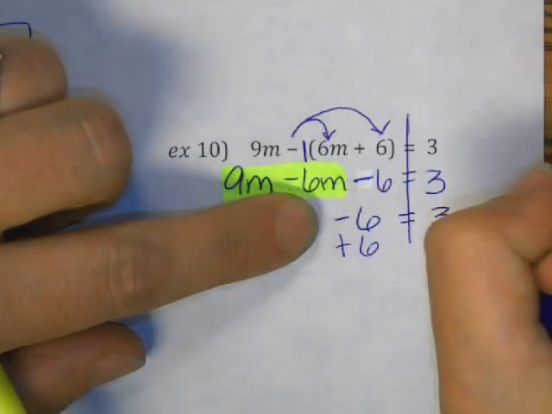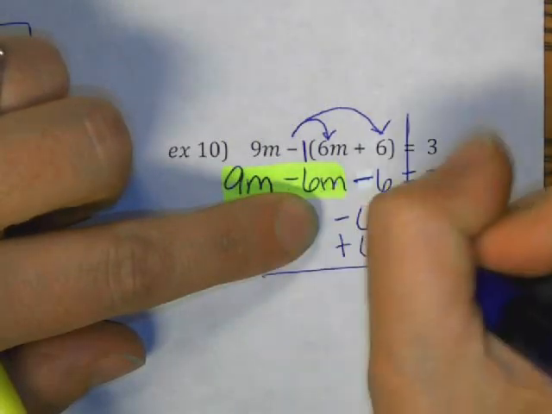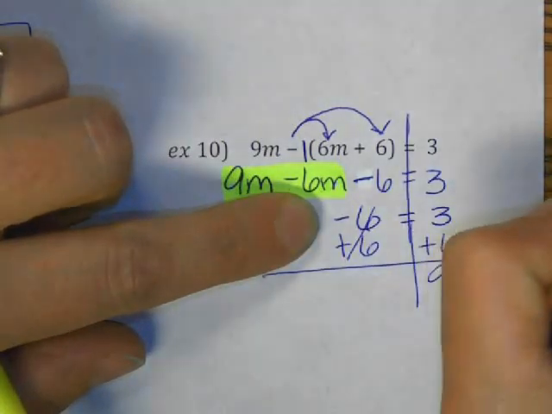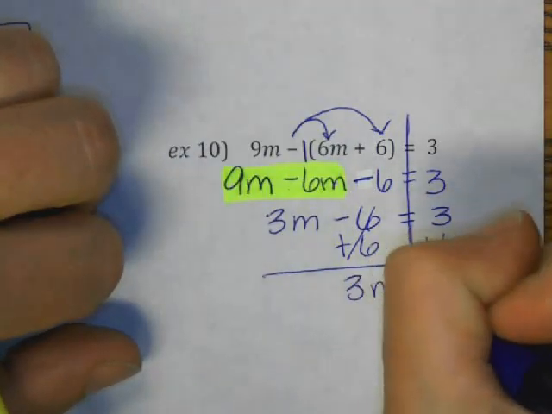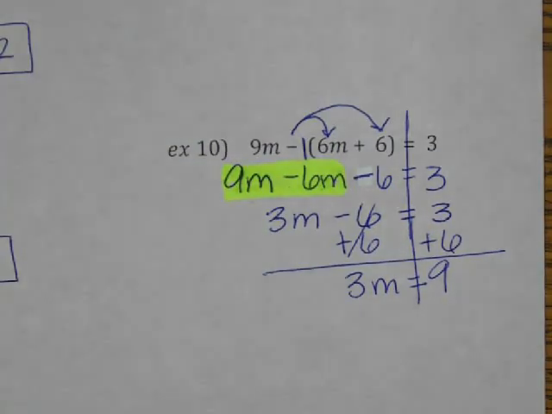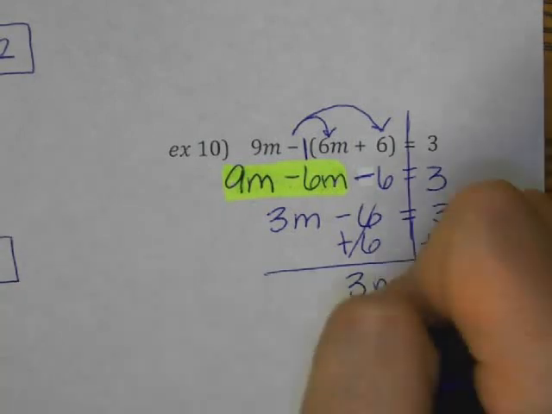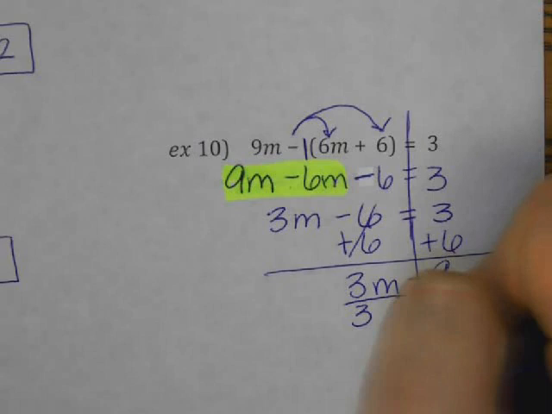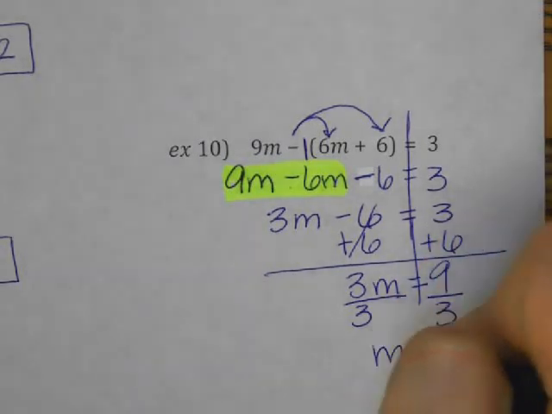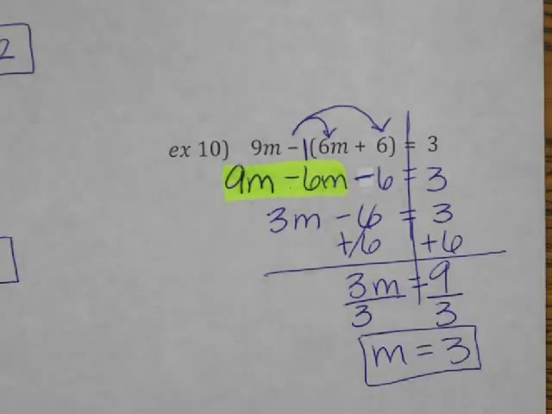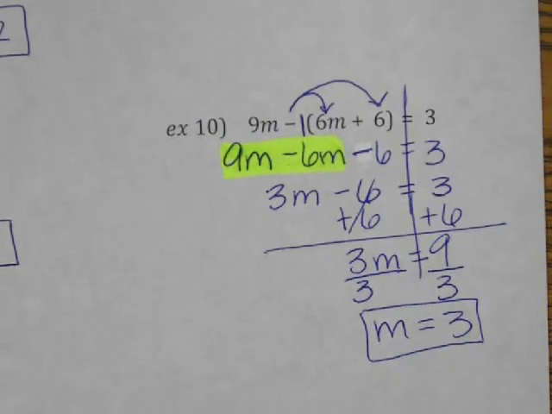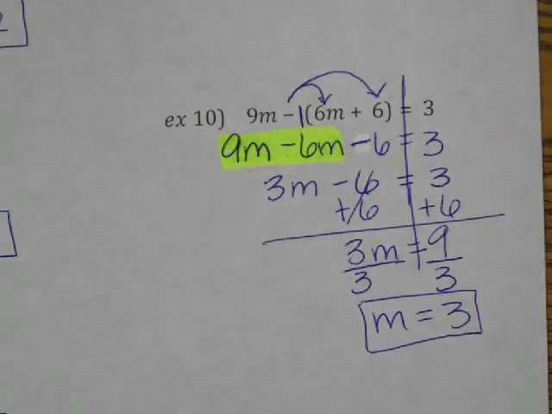So plus 6 and plus 6, and that gets me 9 on this side, 3m on this side, and what do I do next? Divide by 3. So we're going to divide by 3 here and divide by 3 here, and that gets me m equals 3. Okay? Alright, so those are your notes for today.